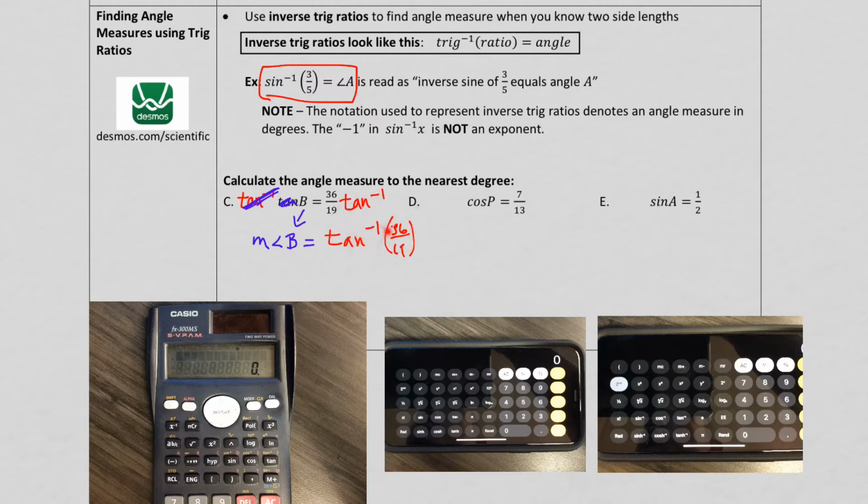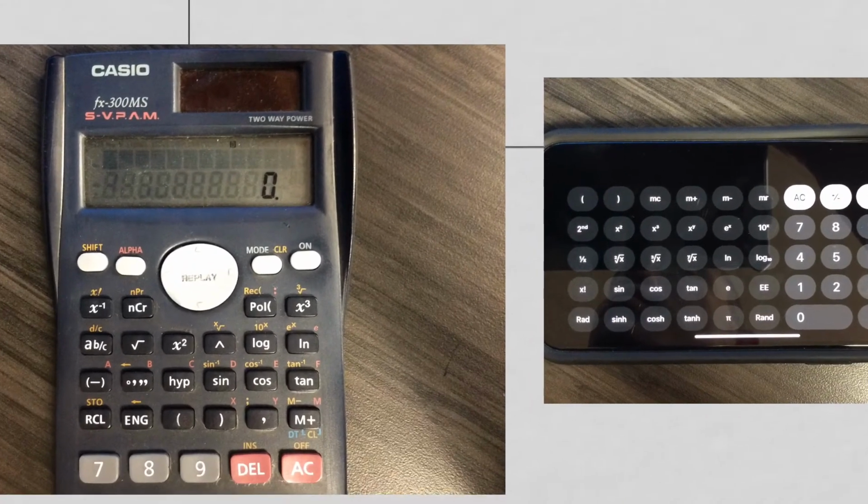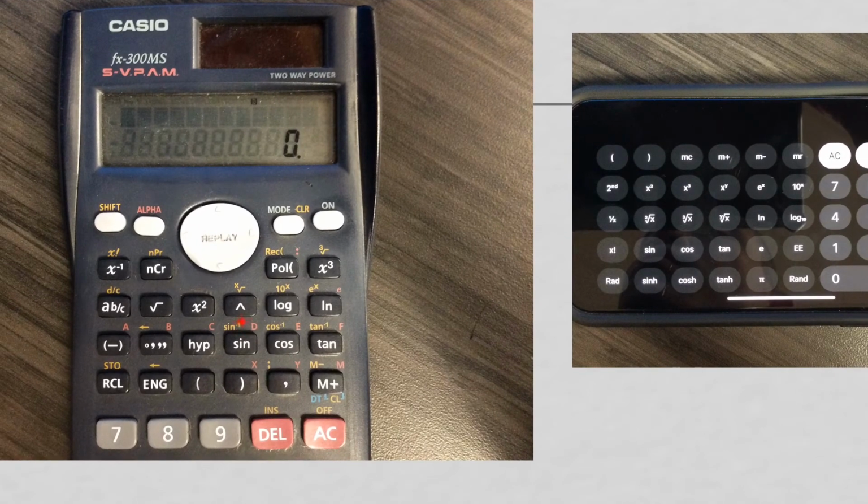So at this point now, this is again the job of the calculator. But to get this to work on a calculator, here's how it works. On a calculator itself, like this one here in my classroom, if you look at the actual sine, cosine, and tangent buttons, right above them on the calculator casing, you'll see here, let me zoom in. You're going to see the little inverse of sine, inverse of cosine, and inverse of tangent. To activate these inverses, you have to press the shift button first, then press whichever one you want, and it'll activate for you the inverse trig ratio.